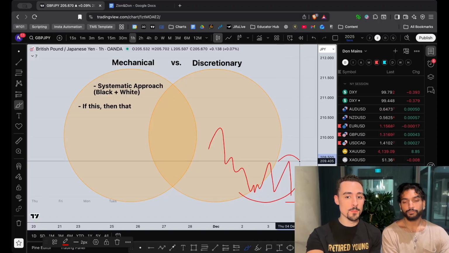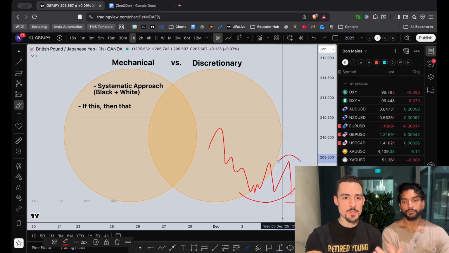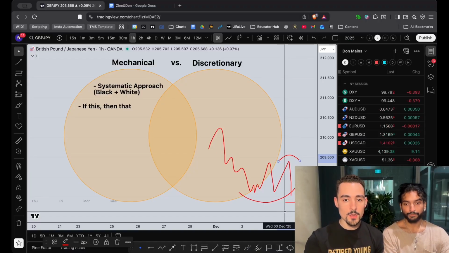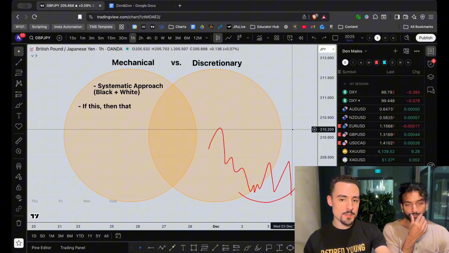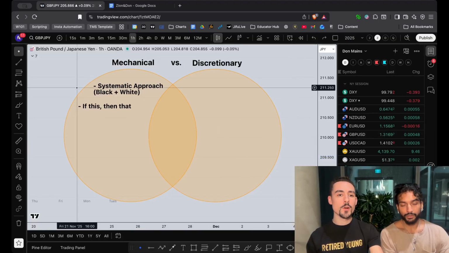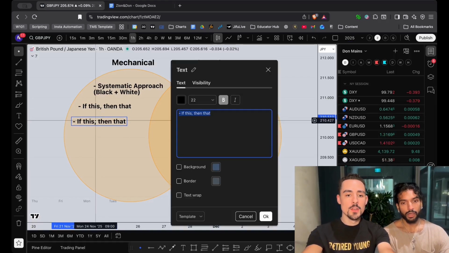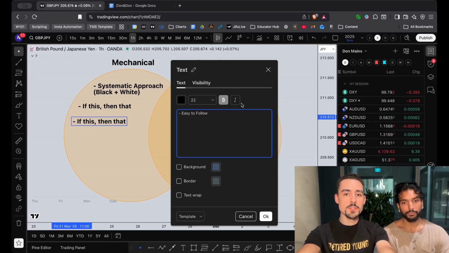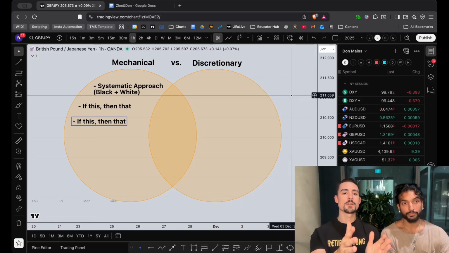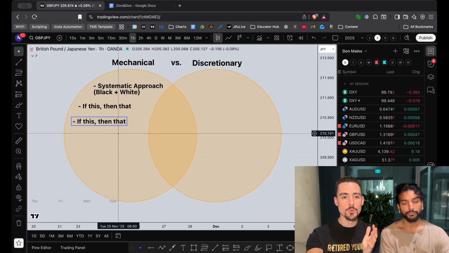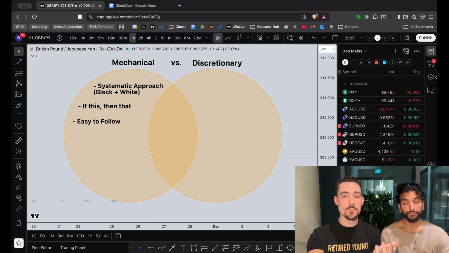My stop is above the most recent high and I'm targeting 60 pips. So it's very black and white and very easy to follow. You could give this on a piece of paper as instructions to a 10-year-old with a bit of context on trading, and they could execute on it.